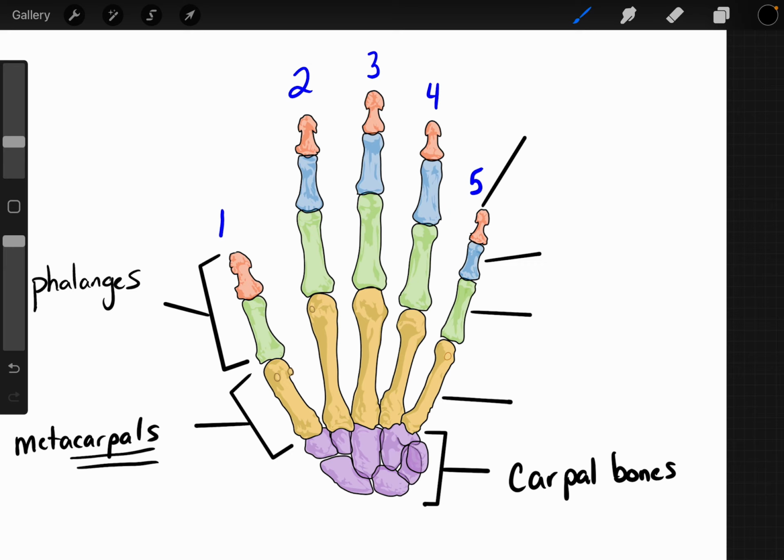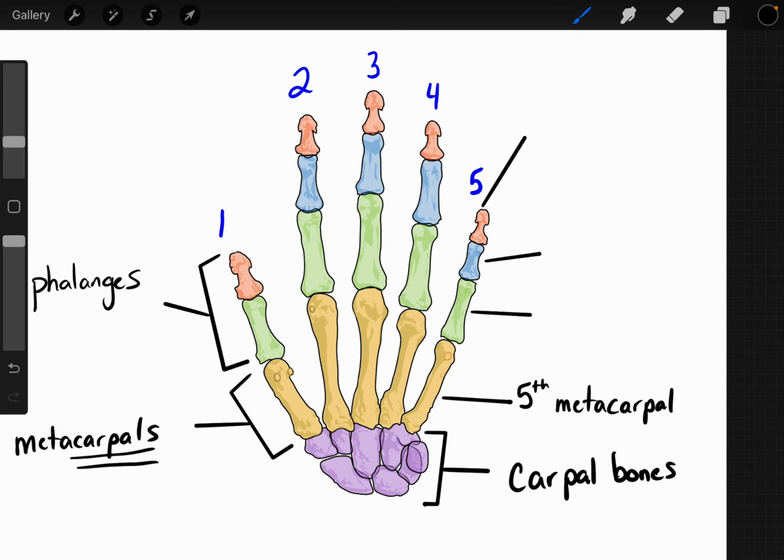So the yellow bone at the bottom is called the 5th metacarpal. It's within the yellow metacarpal section, and it's the 5th because it's the pinky. We always start with the thumb as number 1, and then as we move away from the thumb, we get to the 5th finger or the 5th digit, which is the pinky.